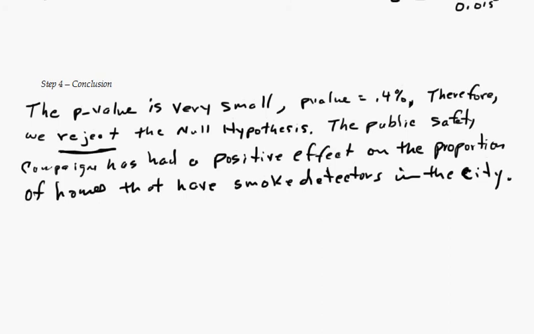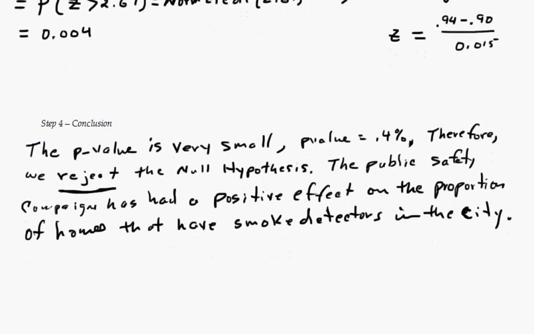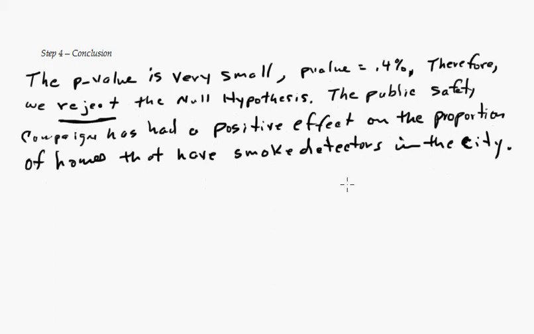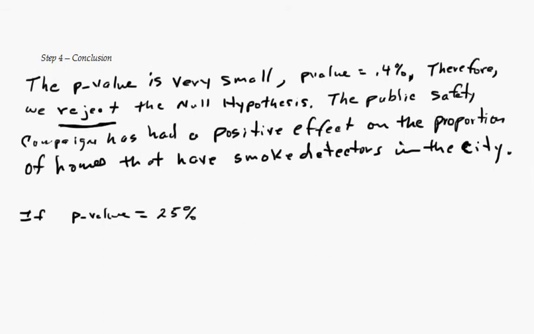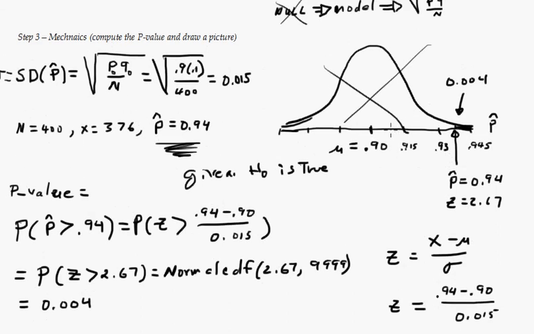Now, let's just say that the p-value is high. So if the p-value was, let's say, 25%. So now we're not surprised. That would mean that the sample statistic is somewhere in here, very close to where we would expect it.